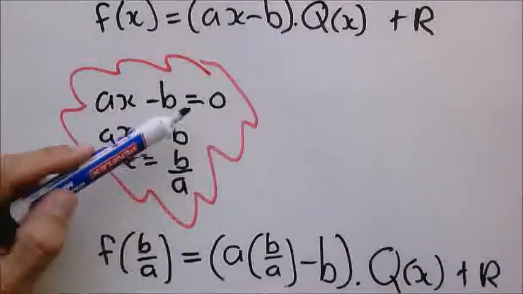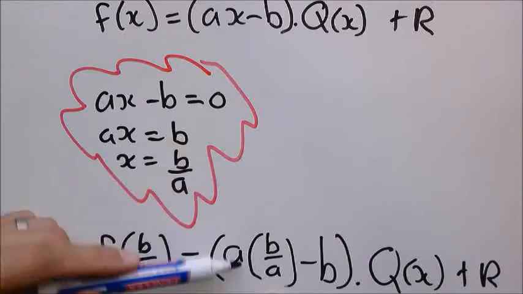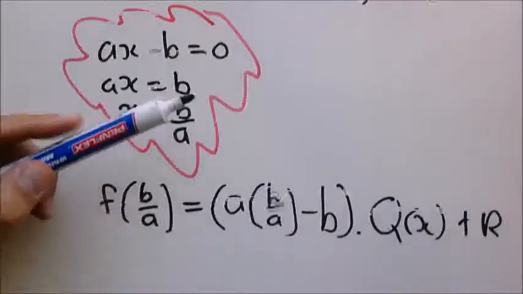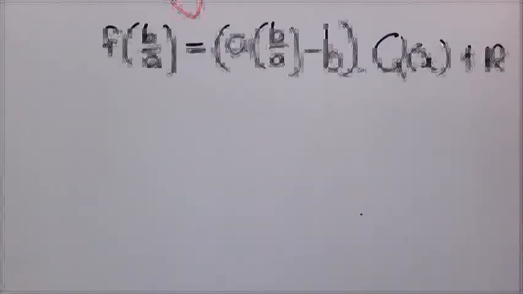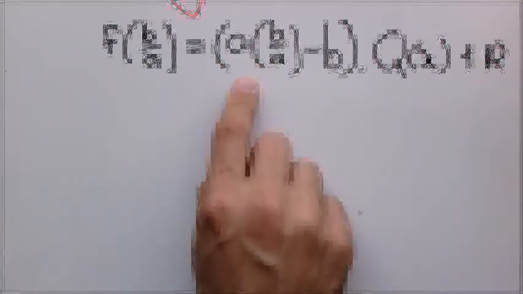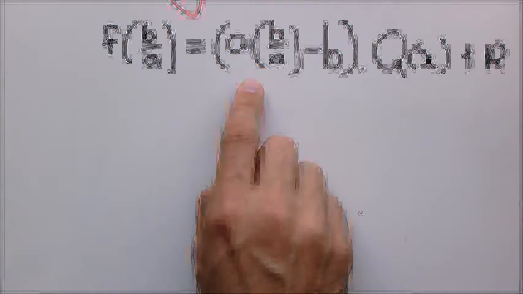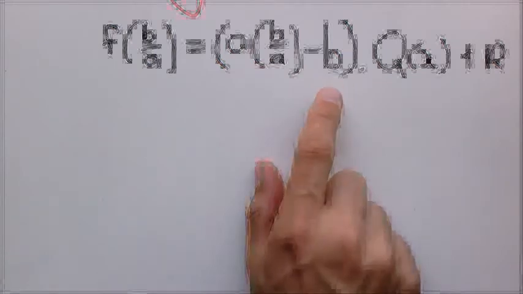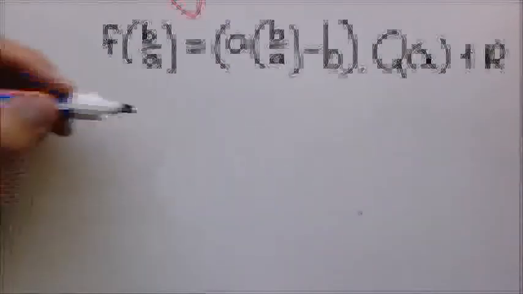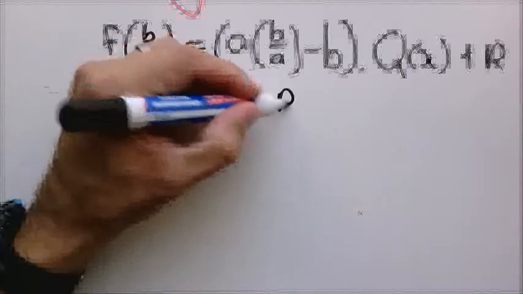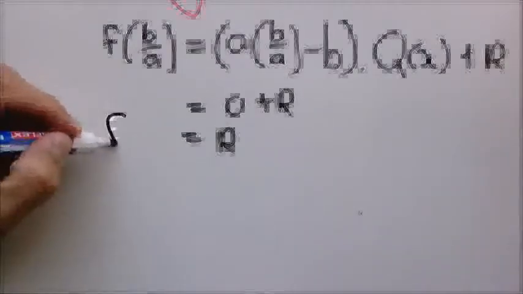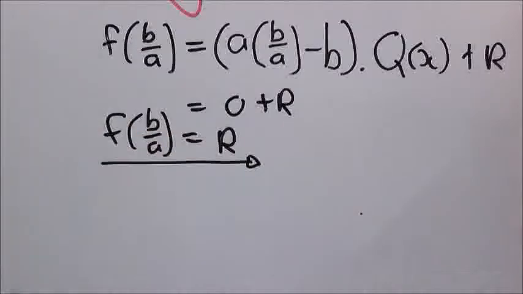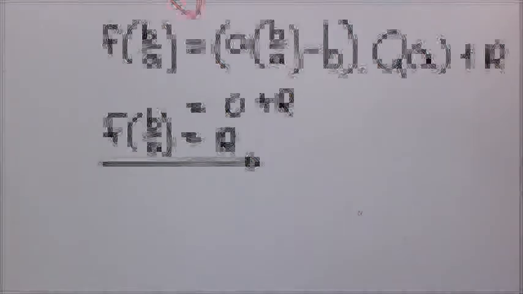So we assumed it was a factor, and then we substituted in. Okay. But now let's see what happens to this expression. a times b over a becomes b. b minus b is 0. So 0 times q is just 0, right? And this is the essence of the remainder theorem.